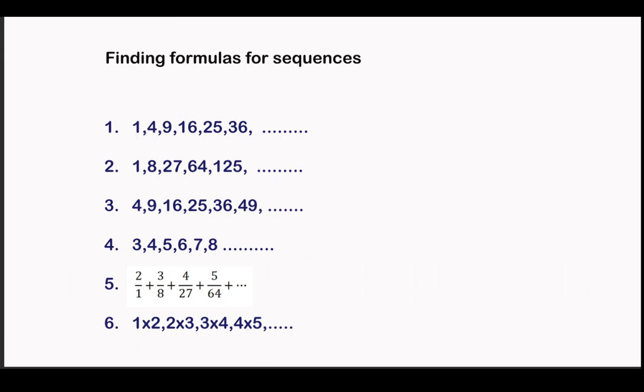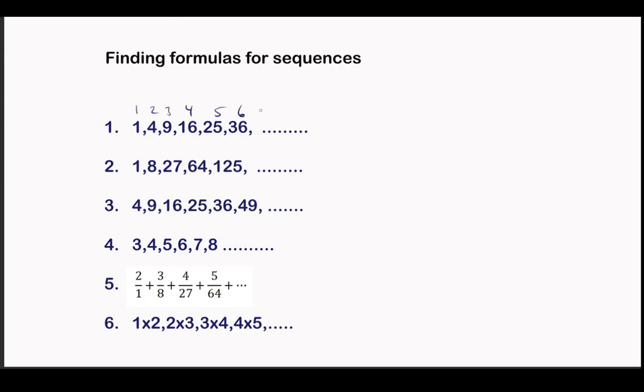Okay, so sometimes it's a good idea to think about this as the first number, second number, third number, fourth number, fifth number, sixth number. And obviously, if you want to get the first number, it's 1 squared. The second number is 2 squared. Third number is 3 squared, 4 squared.